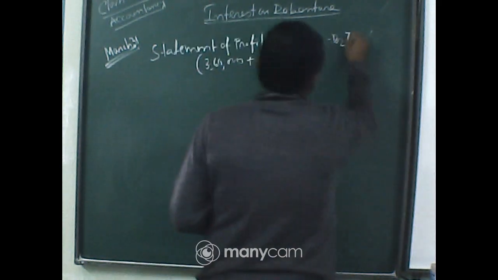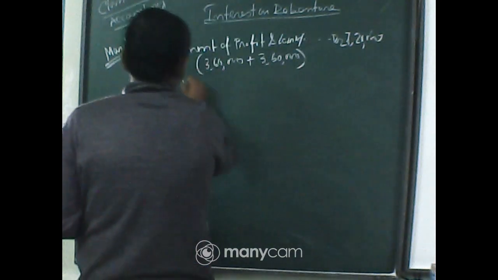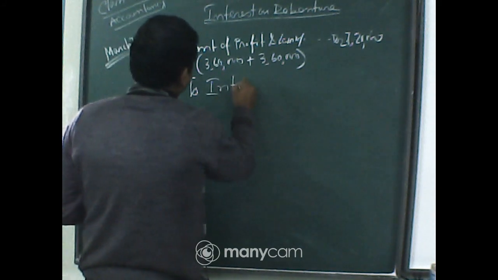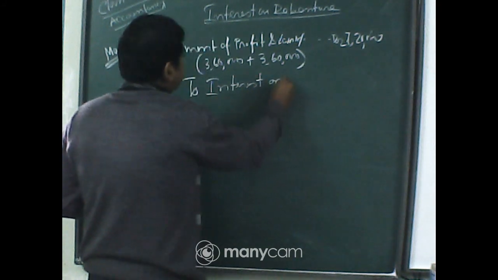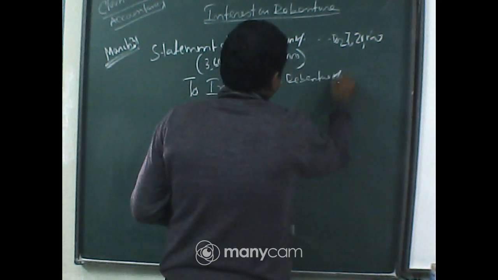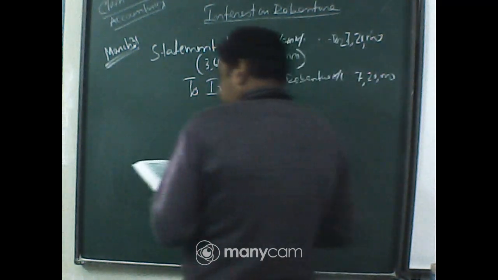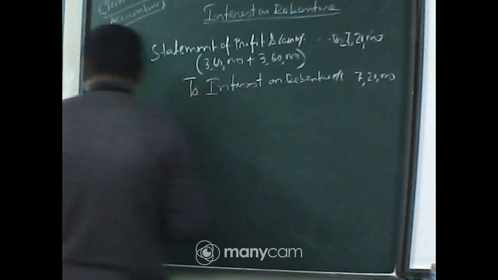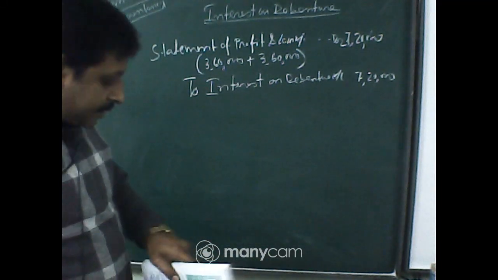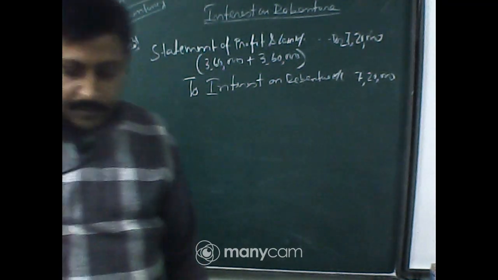Total interest will be debited to the profit and loss account, credit to interest on debenture account, that is 7,20,000. Narration: interest transferred to the statement of profit and loss account.